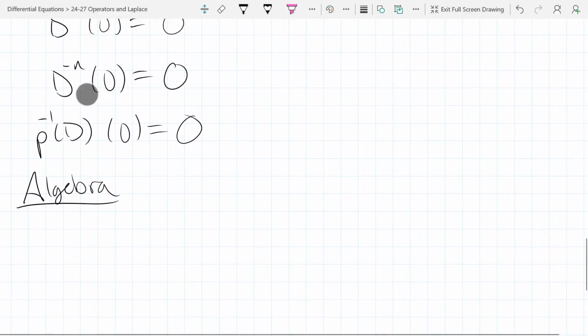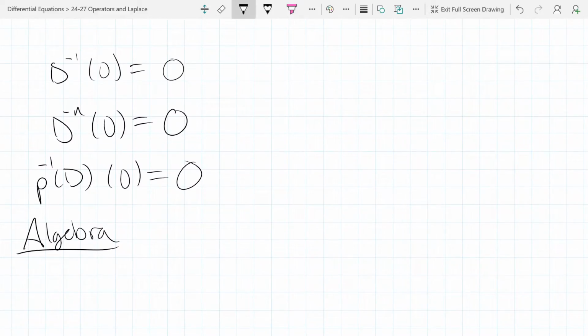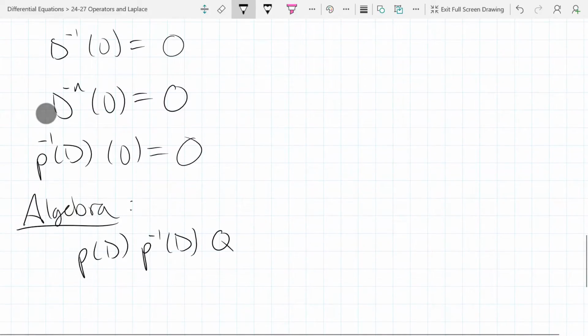Now we'll look at the algebra of these operators. What should doing these two operations give you? So they should cancel each other out.